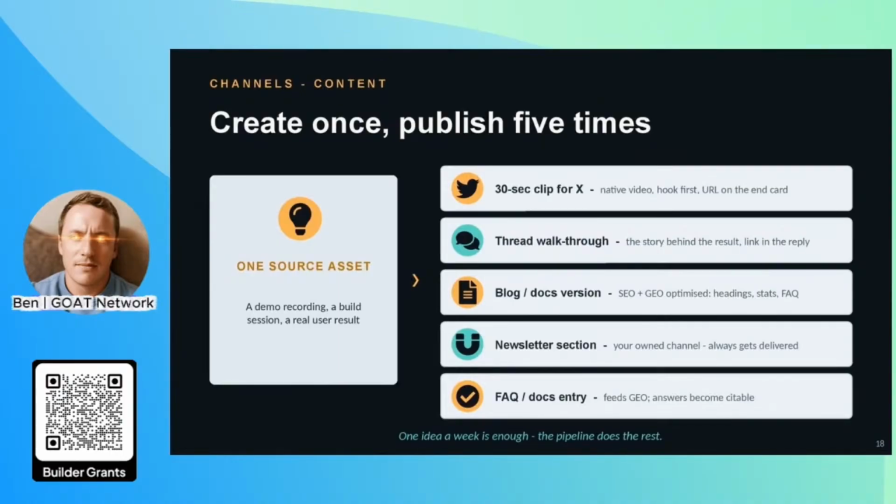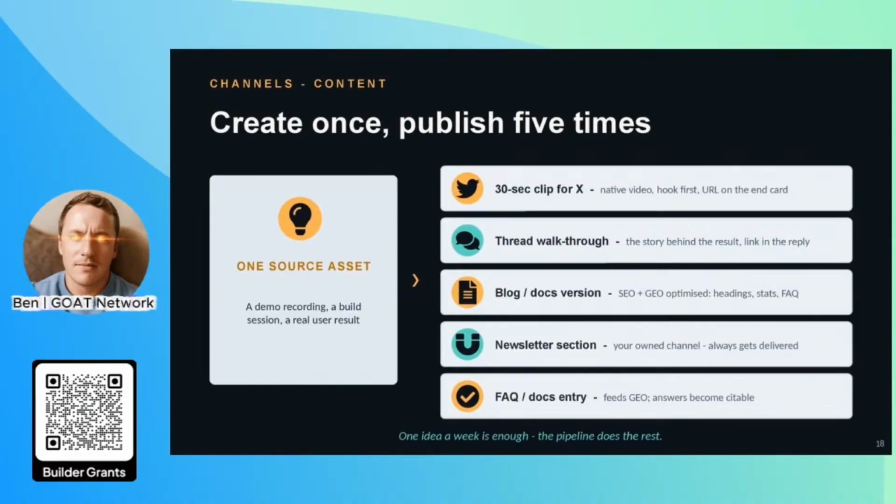So you start with a single source asset, whether it's a demo recording, a workshop or a build session, or a real result from a user using your product, like real user feedback.